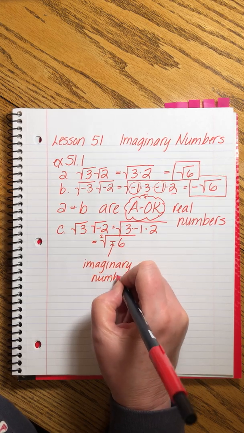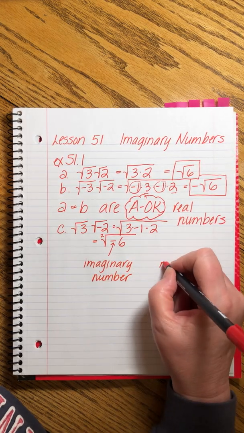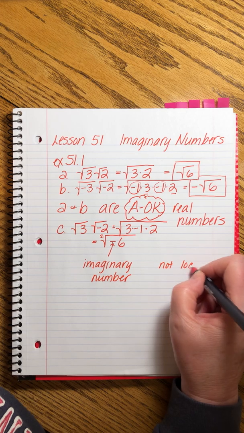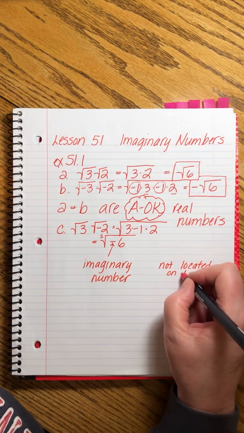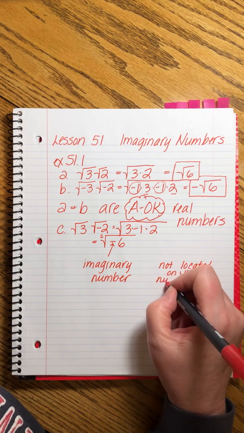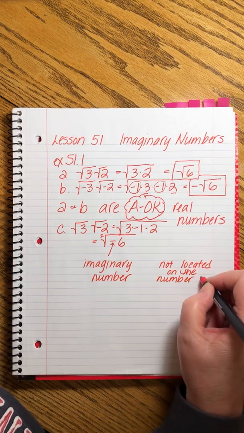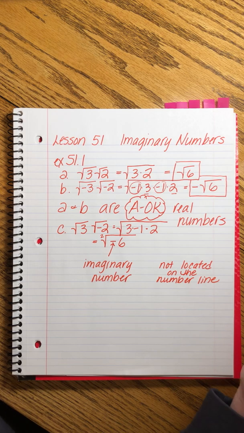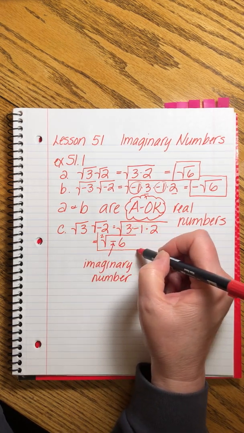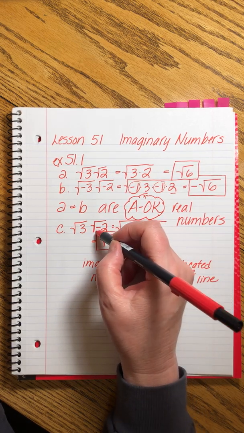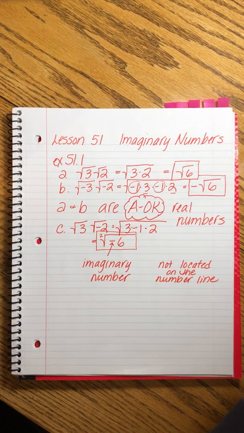And again, what that means is that it is not located on the number line. You can't graph it, right? On just a basic little number line, it doesn't show up anywhere. It's not a real number. It is an imaginary number, okay? So this is our first example of looking eyeball to eyeball with an imaginary number.